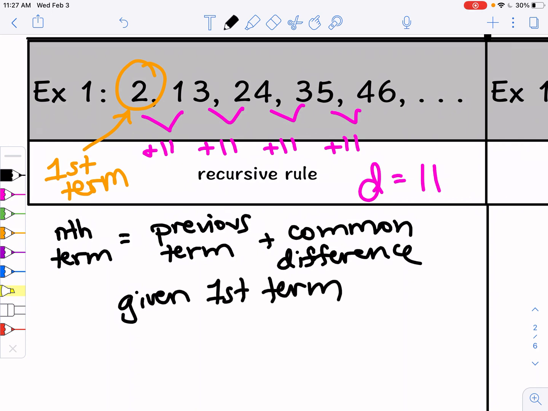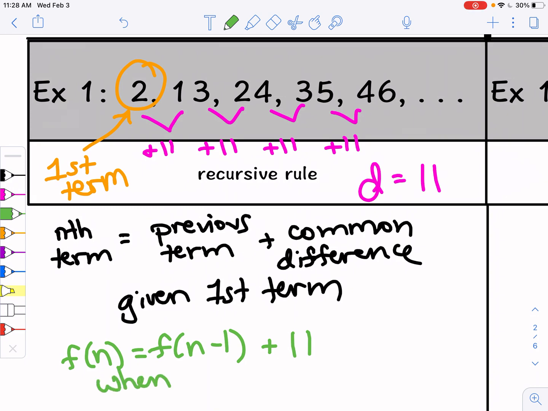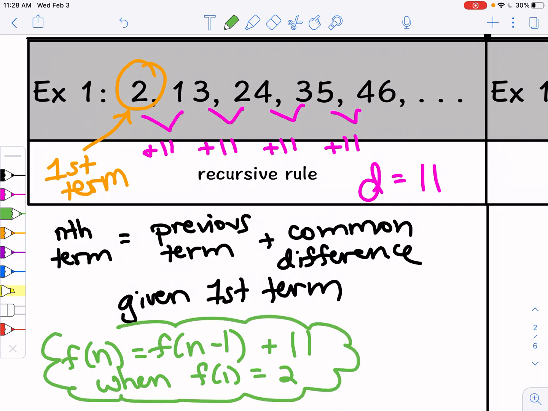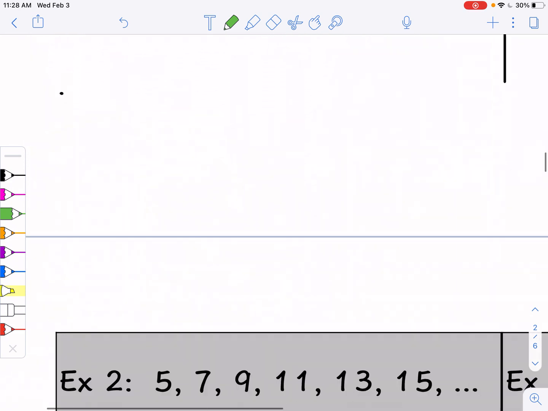So if we write that in notation, the nth term is f of n equals the previous term, f of n minus 1, that's never going to change, plus the common difference. Our common difference, d, is 11. I have to know where to start, when the first term, f of 1, equals 2. This is our recursive rule for that sequence.